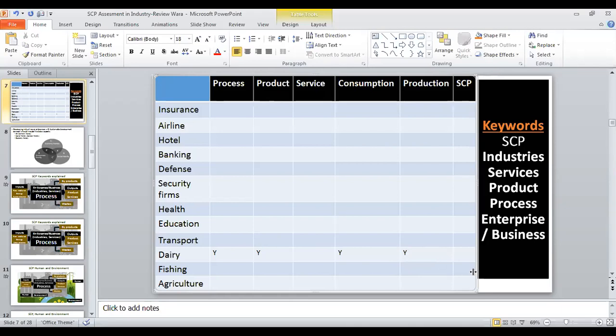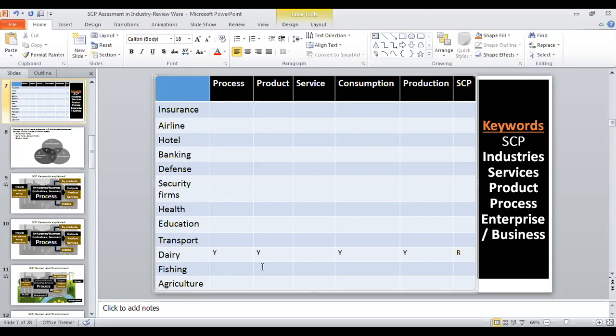So there is a relevancy for sustainable consumption and production, so I typed R. When you're wise enough, you can see how to improve the sustainability of this to enhance the sustainable consumption and production aspect. Later we'll be looking into that.